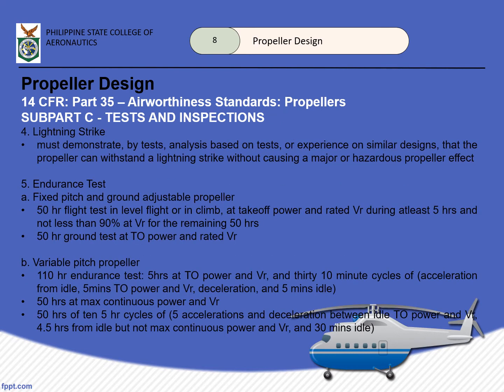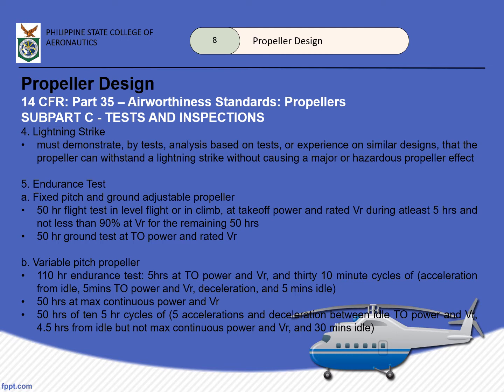Now, still under subpart C, we have, for the test and inspections, we have the lightning strike. We have the endurance test, and under that, we have fixed pitch and ground adjustable propeller. And yung the ones that are performed sa ating variable pitch propellers. So, yeah, pretty much that is it.